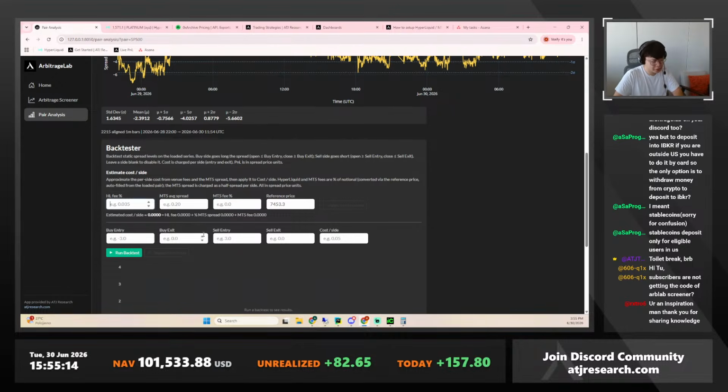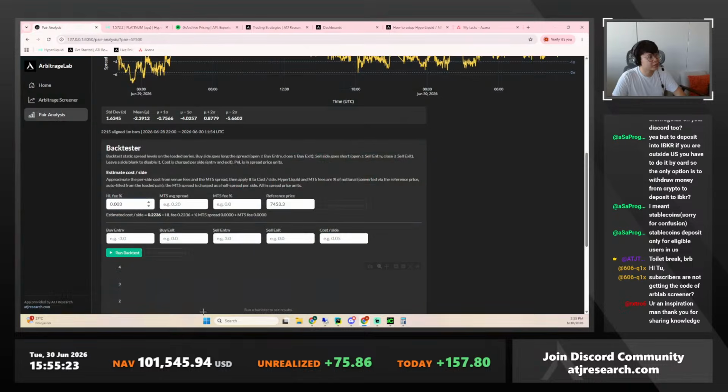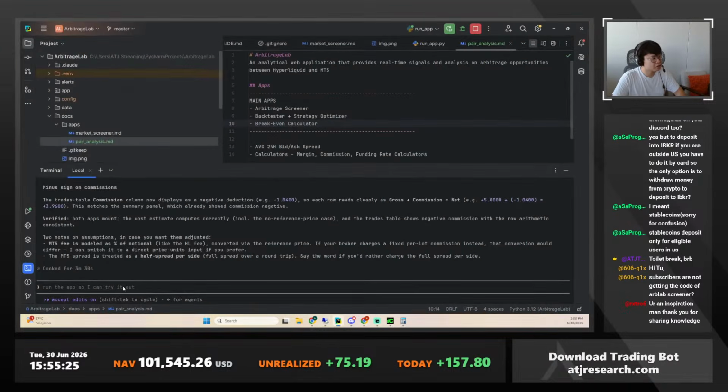On Hyperliquid, it's 0.003, so you will have to remember this value, or you can copy that from Hyperliquid, I'm sorry. For the Hyperliquid fee percentage, can you set it to 0.003% as default?